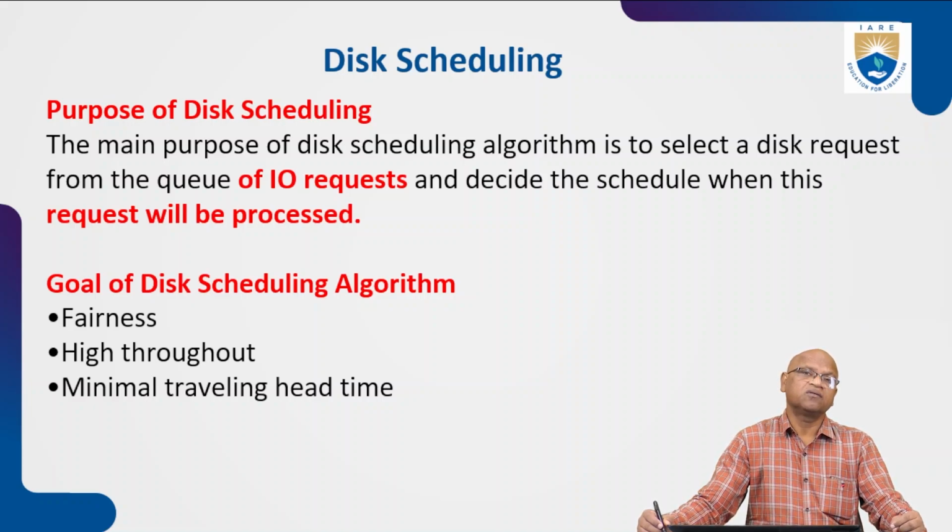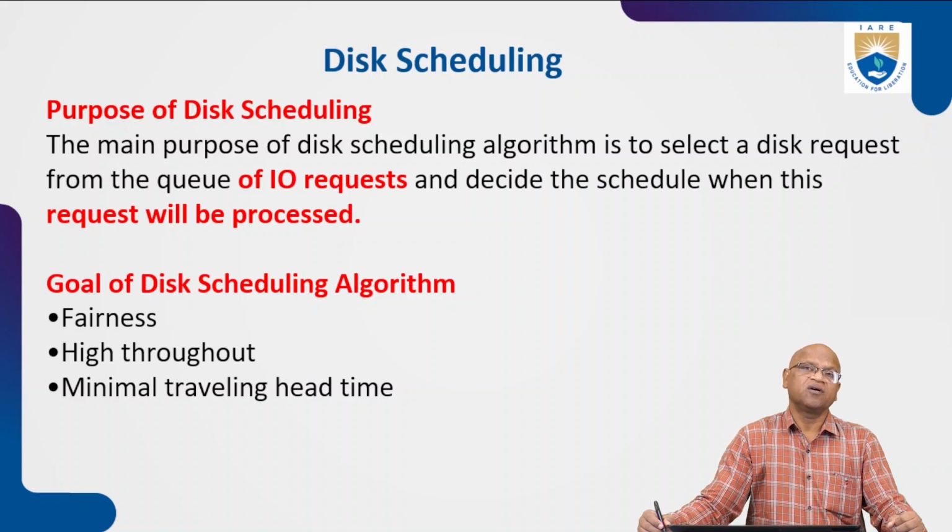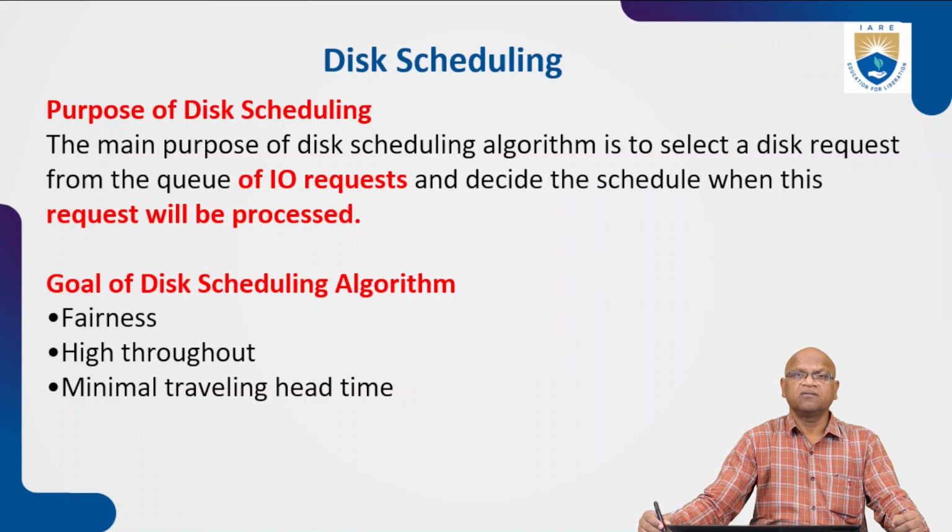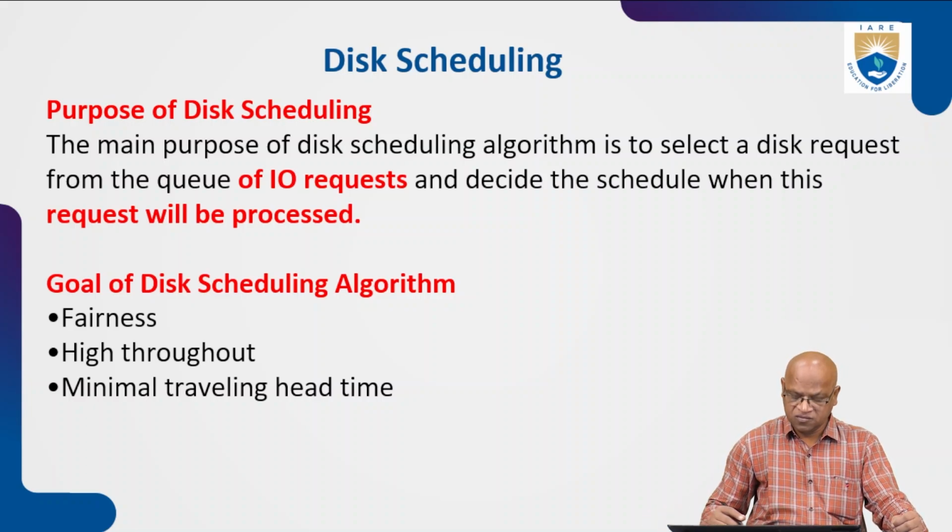High throughput: you must get the job done very fast. Fairness: there should not be any error in reading the data. Whatever file you have saved in the hard disk, the same file we should get from the hard disk. That is the goal of disk scheduling algorithms.